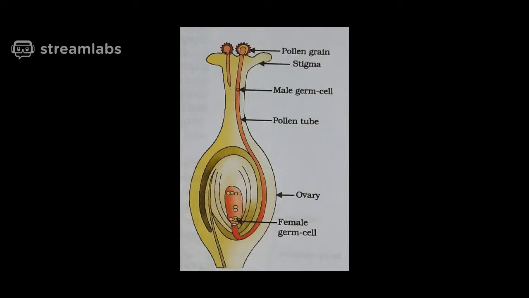Now you can see the ovule down. Inside the ovule, you can find an egg cell or germ cell, which will have the female gamete. Pollen will have the male gamete.